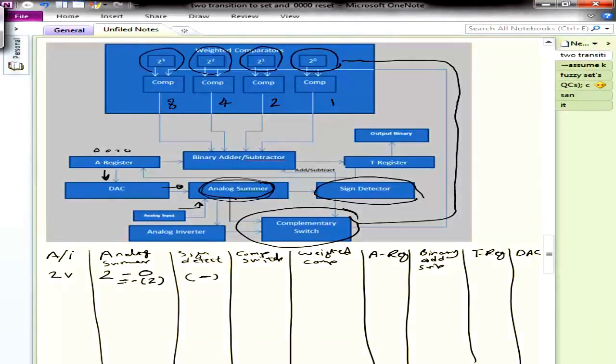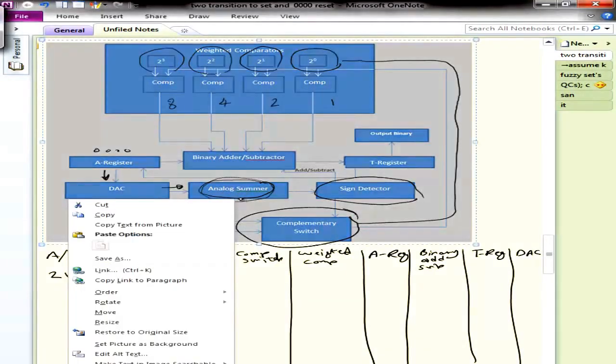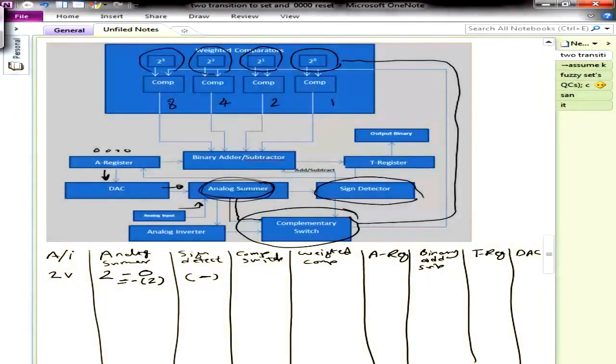If the output voltage from the analog summer is positive, it takes the output from the analog summer. If the output of the analog summer is negative, it takes the inversion of the output, inverting it to positive. In our case, we have a negative sign, so the complementary switch takes the input from the analog inverter, and the output from the complementary switch becomes positive.